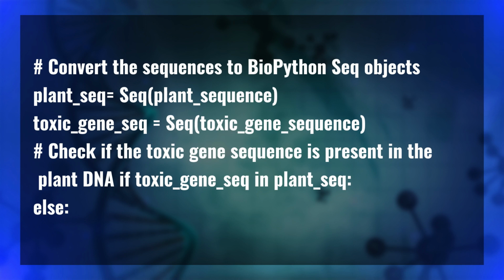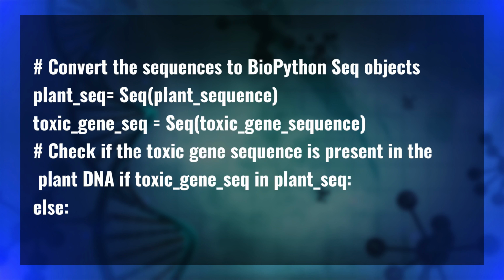Remember, whenever you're writing Seq, S should be capital because it is a predefined function. If you write S in small letters, it will not work. So inside Seq, you're writing plant sequence. Whatever the plant sequence was, you are giving it to this particular function Seq.